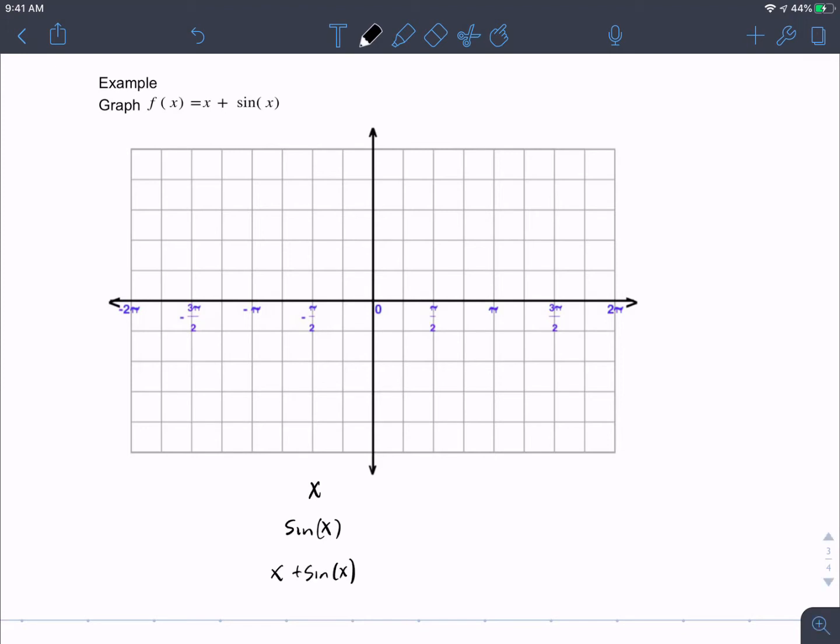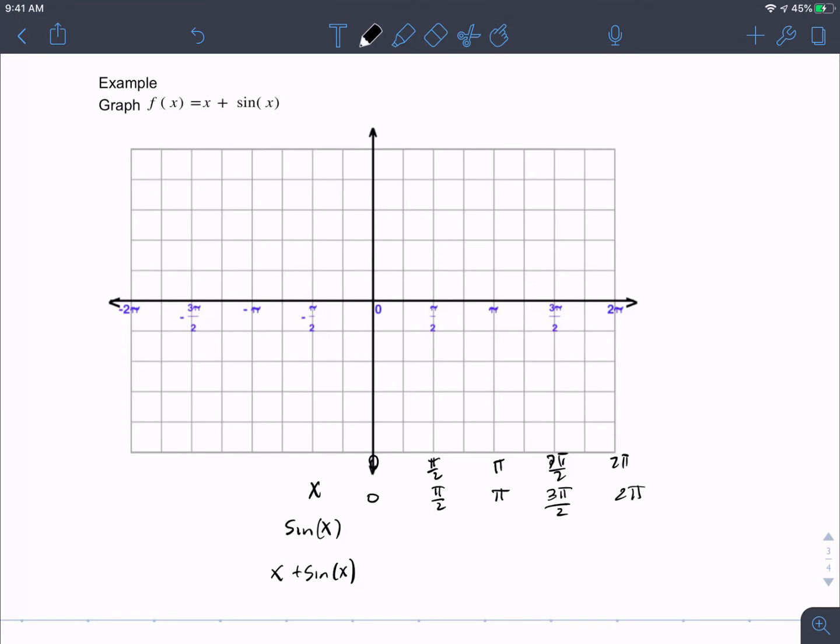And so the values that I'm going to use are just the values that we have here: 0, pi over 2, pi, 3 pi over 2, and 2 pi. And so for x, it's just going to be all of those values, correct? So that is the value for x if I plug in.